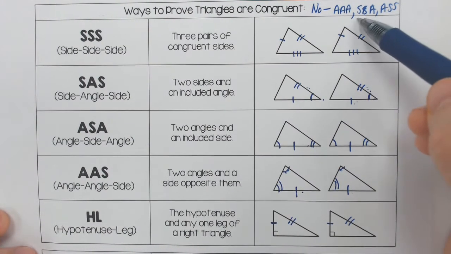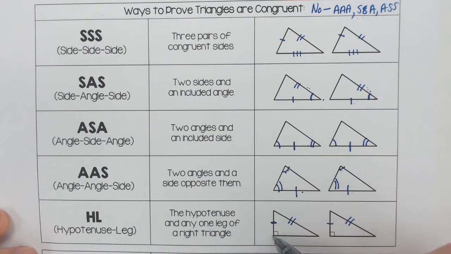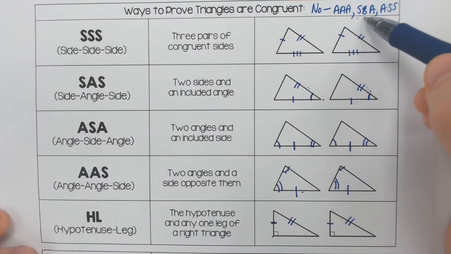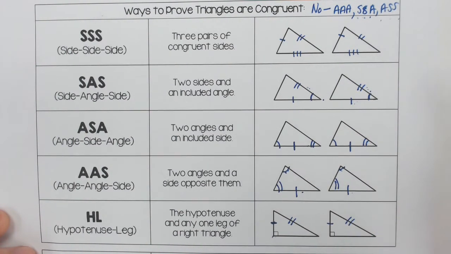So this is technically side, side, angle, with the angle not in between. But if it is a right triangle with a leg and the hypotenuse, the diagonal one, then it is considered hypotenuse leg, and that is the only time that side, side, angle, or angle, side, side works. Every other time, it is considered not congruent.